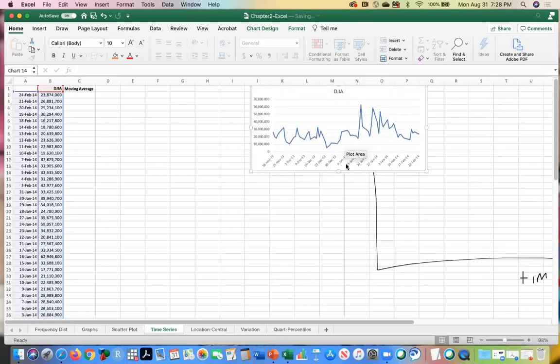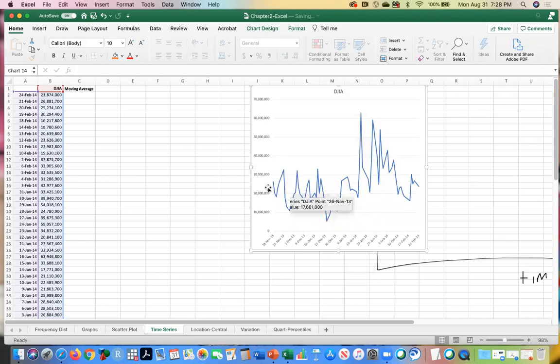For example, I can see that the market is fluctuating a lot, right? So the market is going up and down every single day. How can I predict changes? How can I make money in the stock market? Well, if you look at Bloomberg or the Wall Street Journal, they use something that is called the moving average.